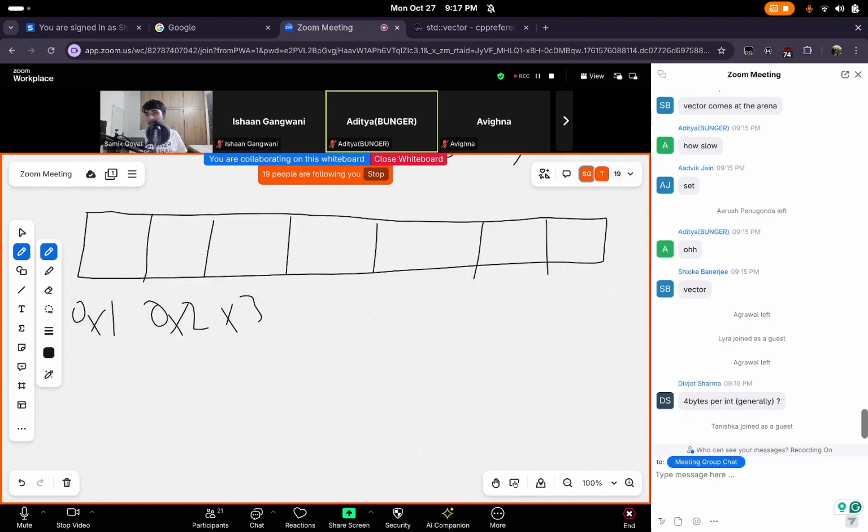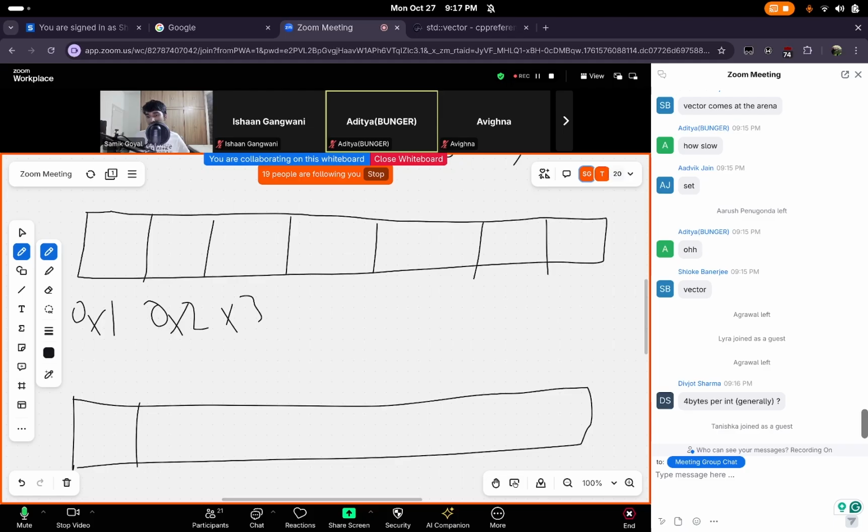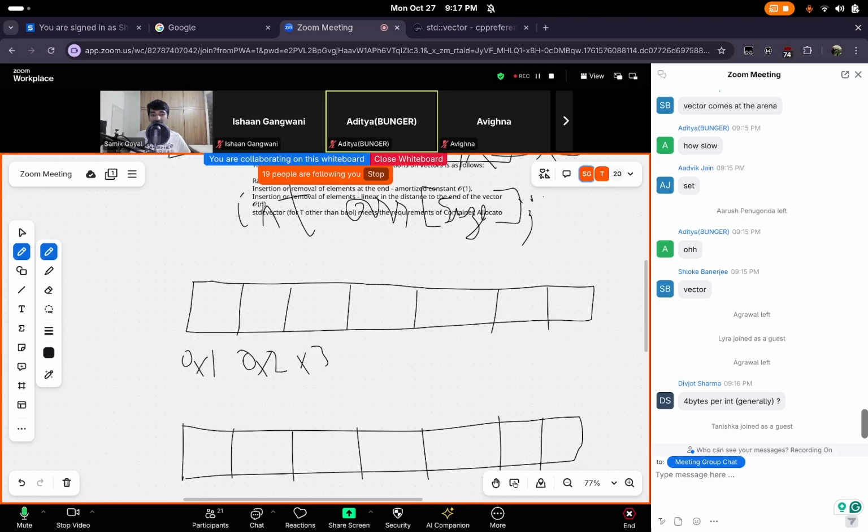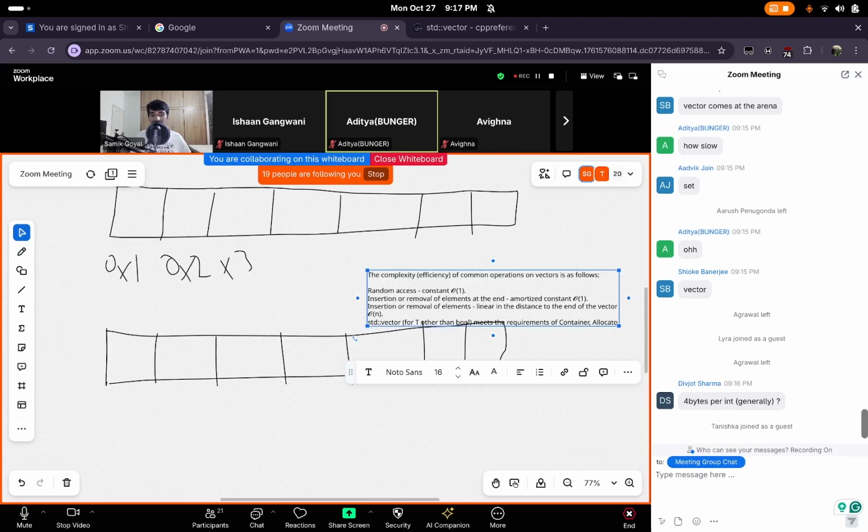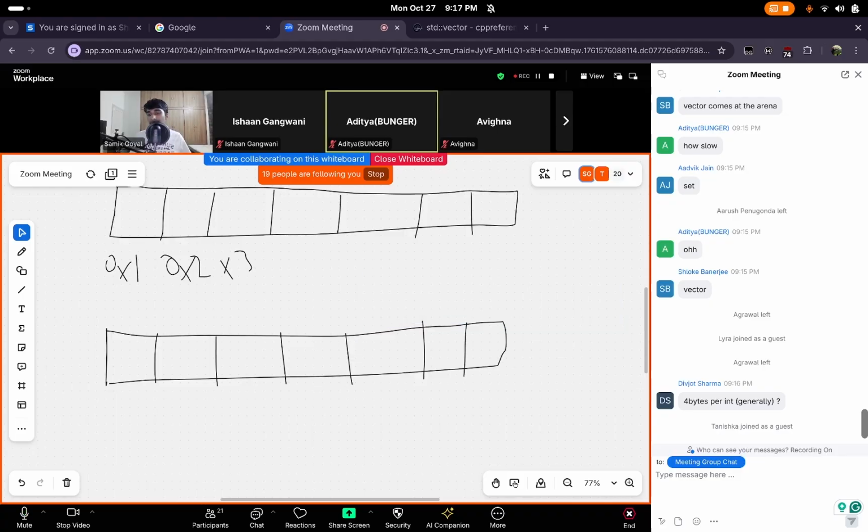Now what a vector does is, it also uses the same principle. It will allocate a contiguous block of memory. But it will do one thing that is very special. Say I went ahead and added a new element to the end of this array.